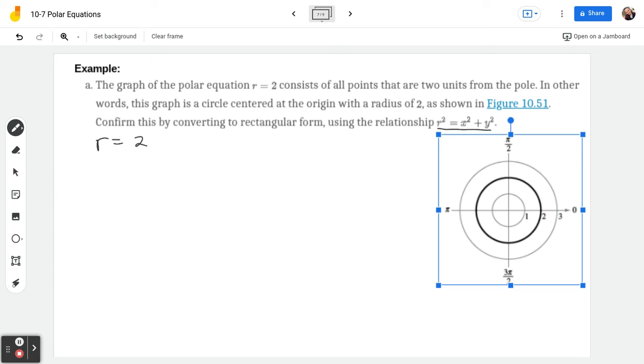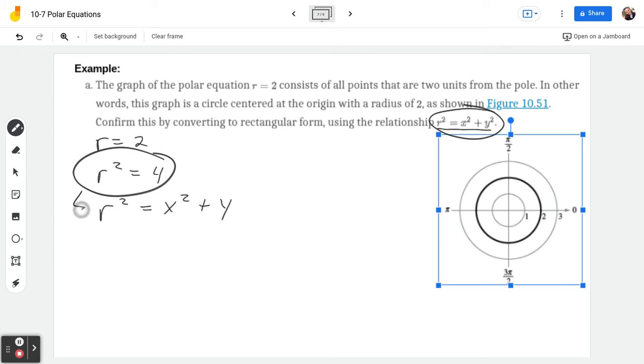So I also know that r squared must be equal to 2 squared, which is 4. Okay? So the last thing that I want to do is split this into rectangular form. Well, I do know that this relationship is true. I do know that r squared is equal to x squared plus y squared, but r squared is 4.